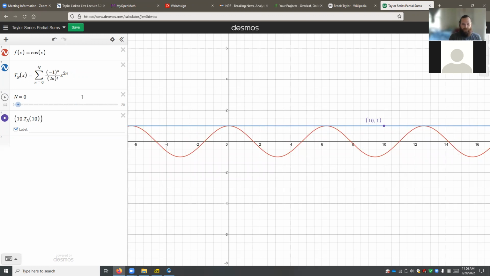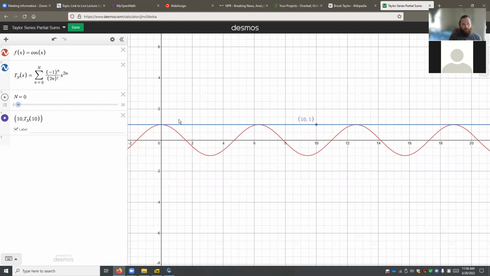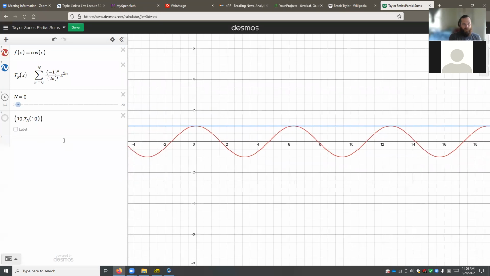This is the capital Nth Taylor polynomial for the cosine function, centered at 0. I'm going to cook this formula up for you a little bit later, but what I want you to do right now, the blue is the Taylor polynomial. The red obviously is cosine. What I'm going to do is first let me turn this off. The center here is 0.